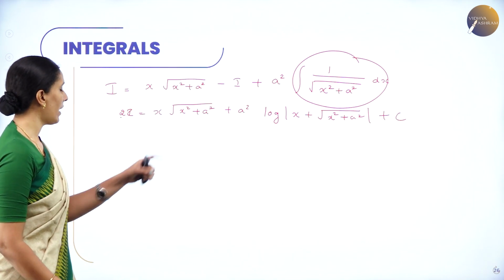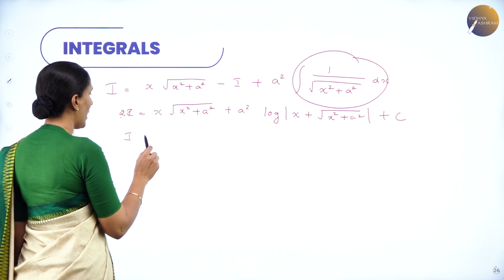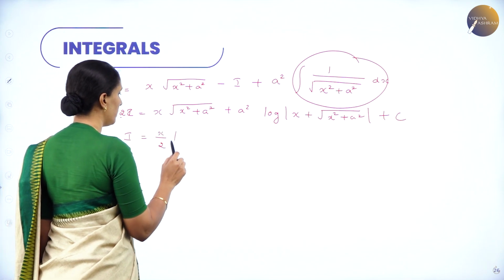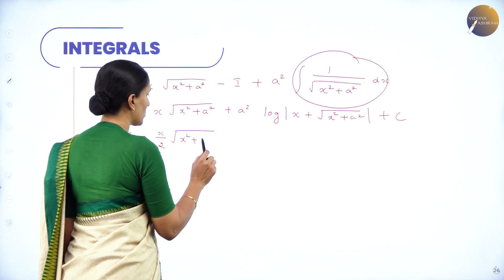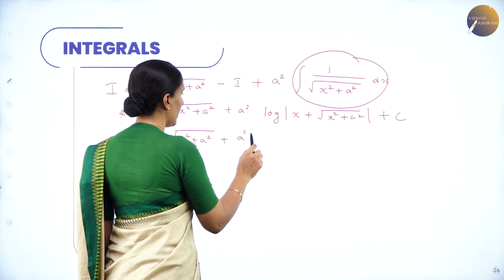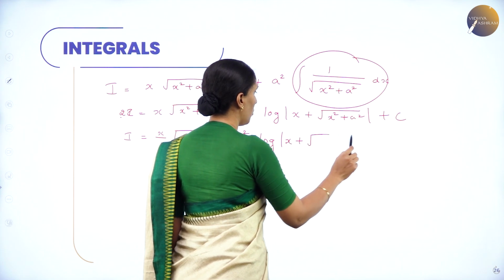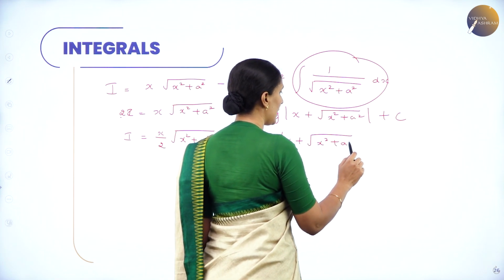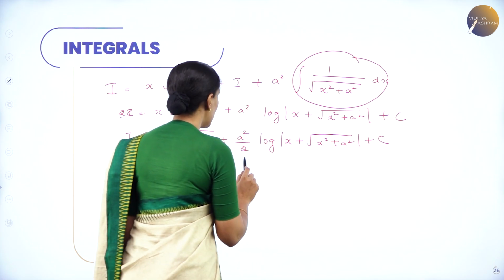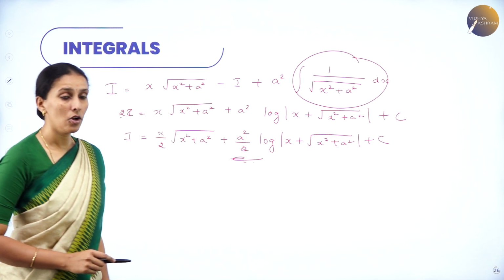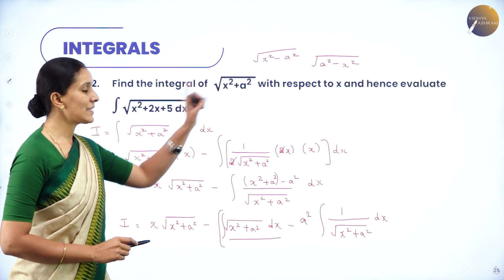Now here I'll divide by 2. So I is equal to x by 2 root x square plus a square, plus a square by 2 log x plus root of x square plus a square, plus c. So this is the value of the standard integral root of x square plus a square.